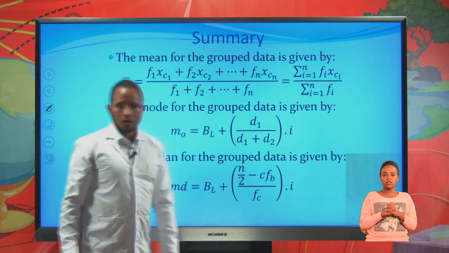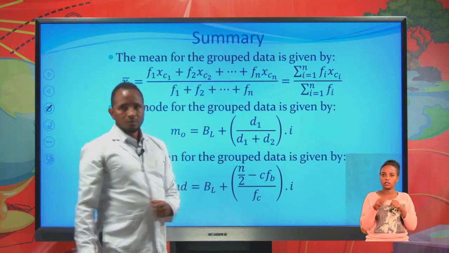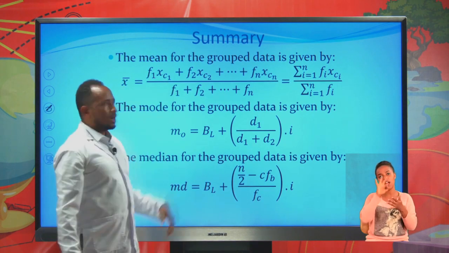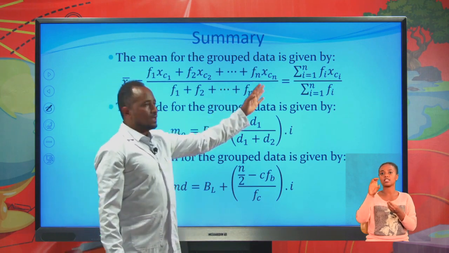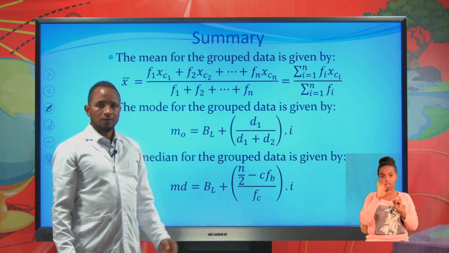To summarize what we have seen today, the mean for the group data is given by this formula: f1 xc1 plus f2 xc2 plus up to fn xcn divided by f1 plus f2 plus up to fn.